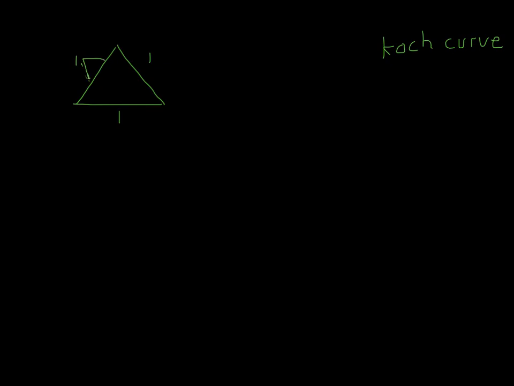So if this is 1/3 of the length of the original side, then that means that all of the sides, because this is an equilateral triangle, are going to be 1/3 in length. And we do that 3 times because we're doing that off the side of each of the original sides.